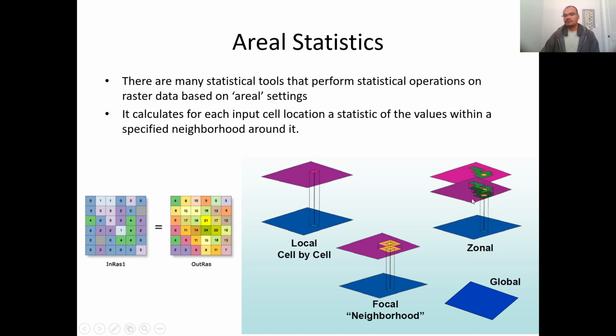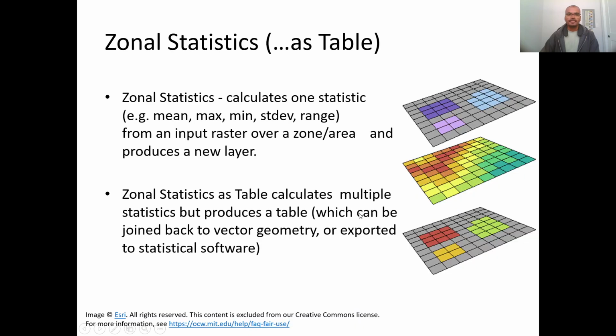You can extract information based on zones. You can define a particular zone, and within that zone, you can extract the statistics or values that exist, or even extract them as a whole using global settings operations.